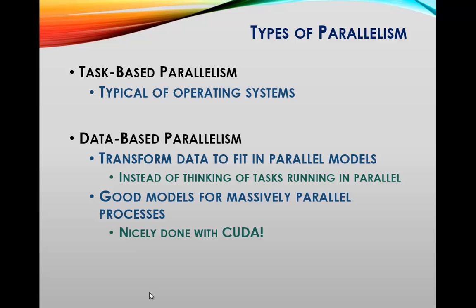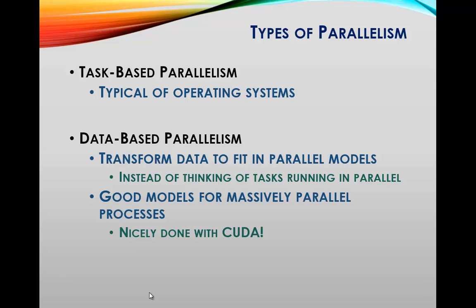Data parallelism refers to transforming the model of your data into a model that is parallel. Instead of thinking of your tasks running in parallel, what you want to do is split your task into separate chunks, separate pieces of your data, and run different pieces of data in parallel. So essentially, you have the same unit of task, but they are working on different areas of your data.